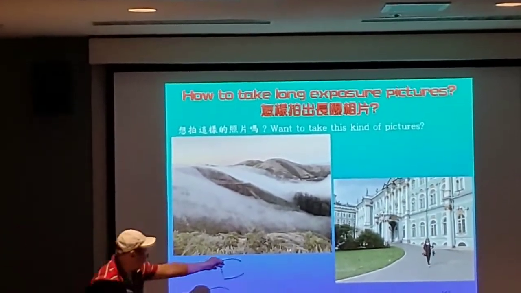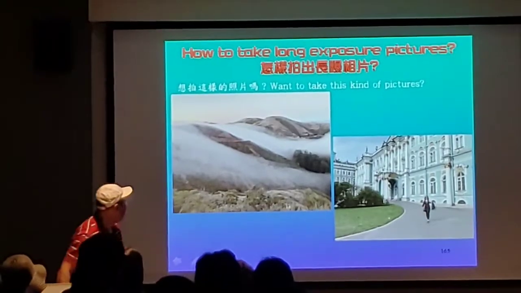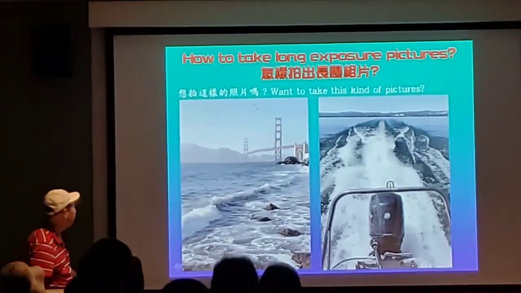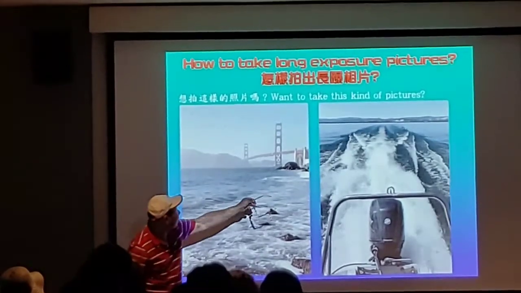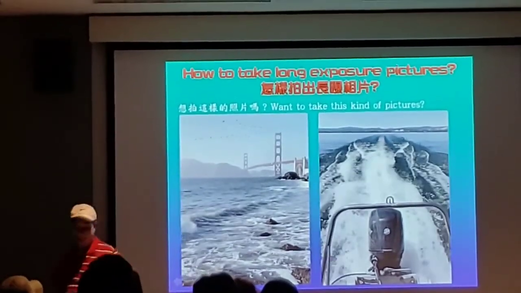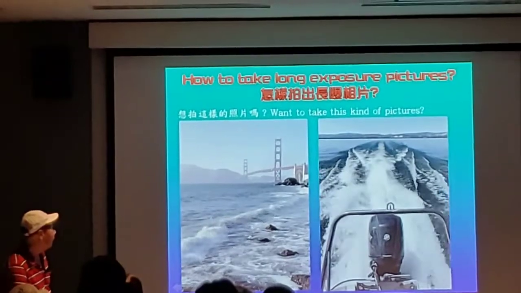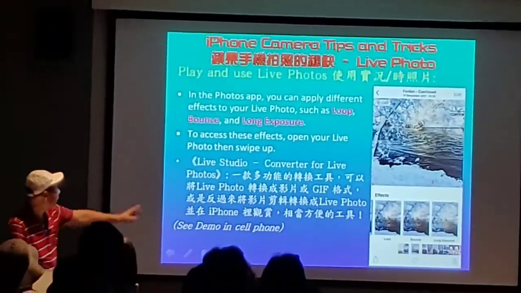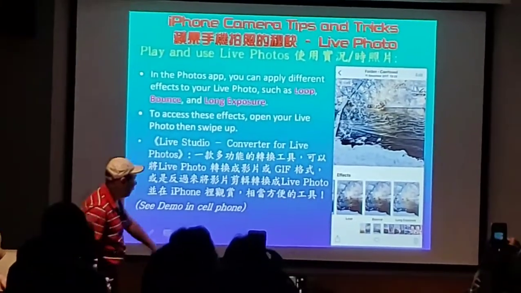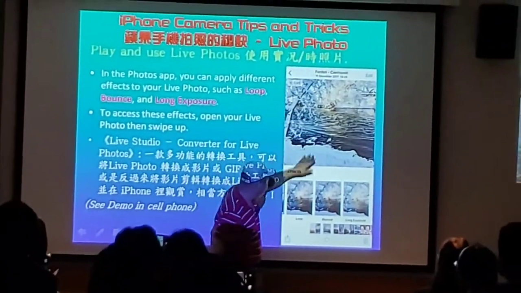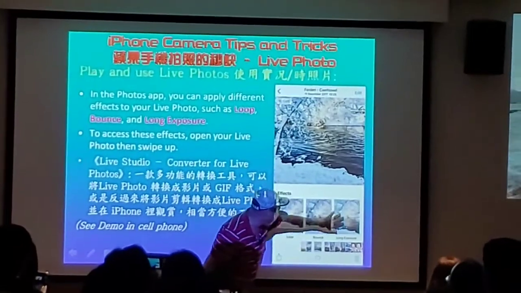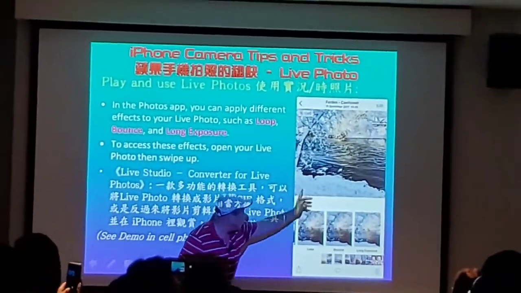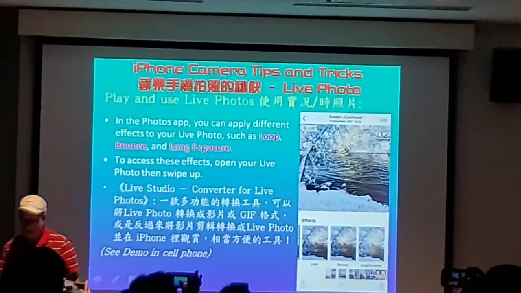I think this one is the Bounce. When you swipe the screen up, you will see these options: Loop, Bounce, Long Exposure, and Live. You just pick the one, and it will turn the picture like that.